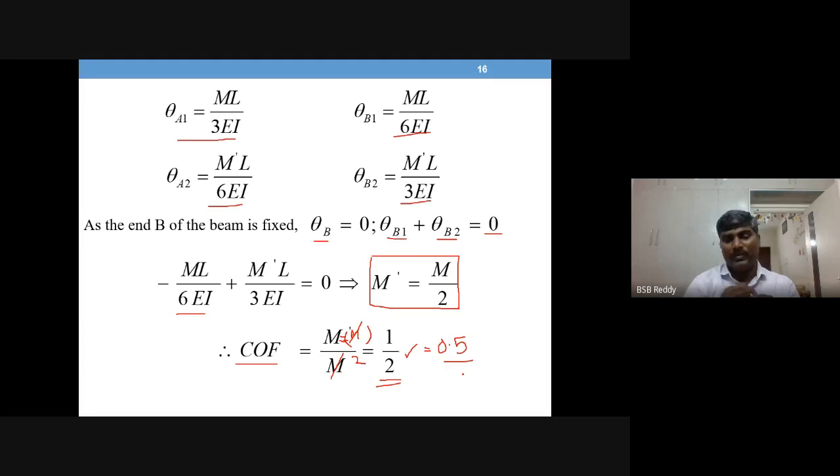So the carryover factor is 1 by 2. The carryover moment value is M by 2, half of the applied moment.